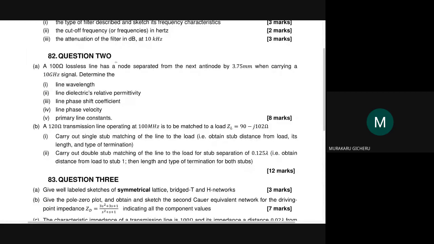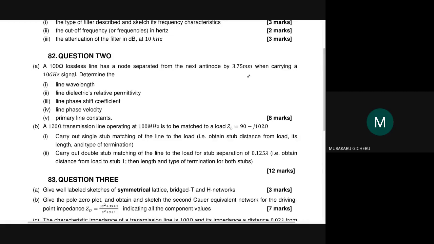This was explained in the section on termination of transmission lines. It's not difficult. If I could understand it, you guys can in probably a shorter time.